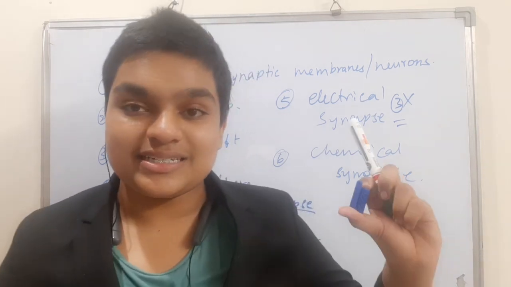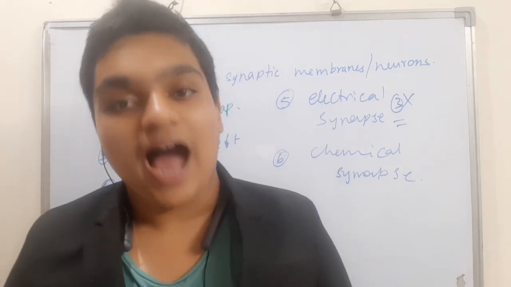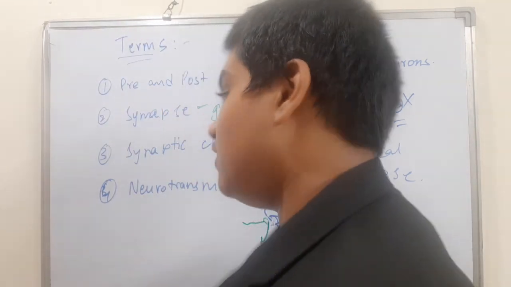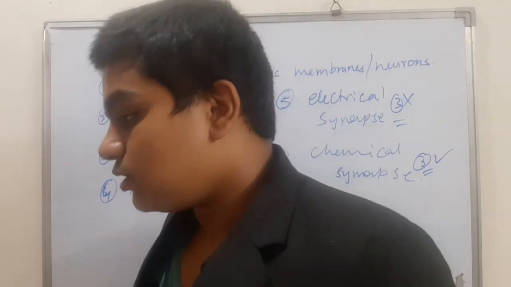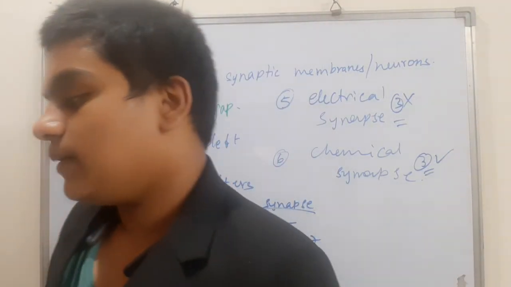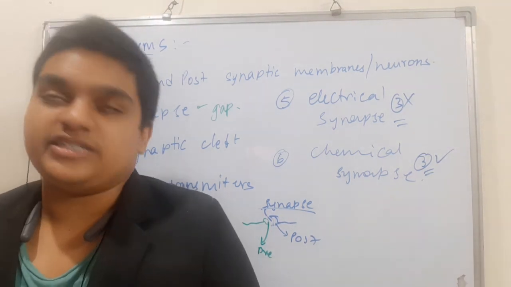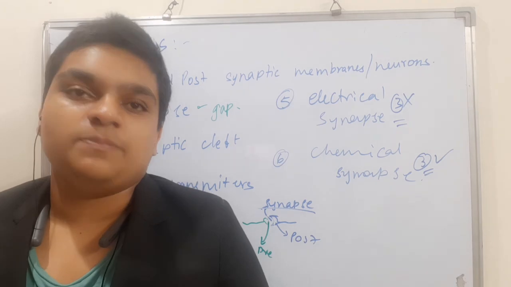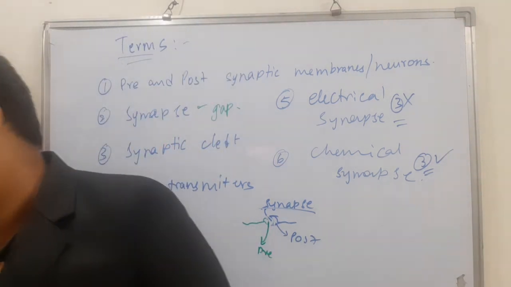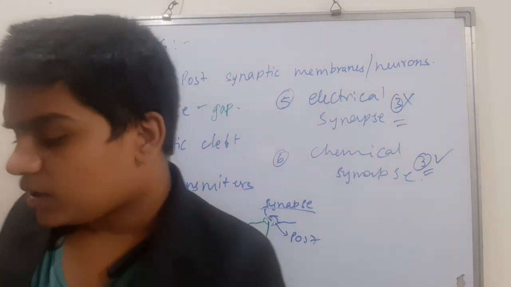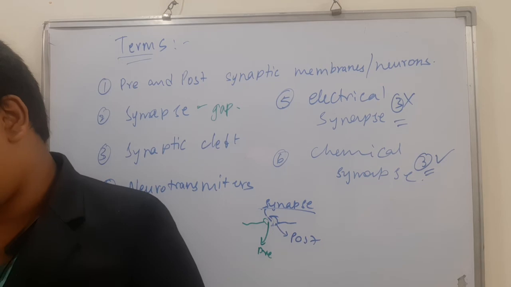In the electrical synapse the conduction is fast, but coming to the chemical synapse, they have the presence of a synaptic cleft. That is why neurotransmitters are important. In the previous video we spoke about the sympathetic and parasympathetic nervous systems.